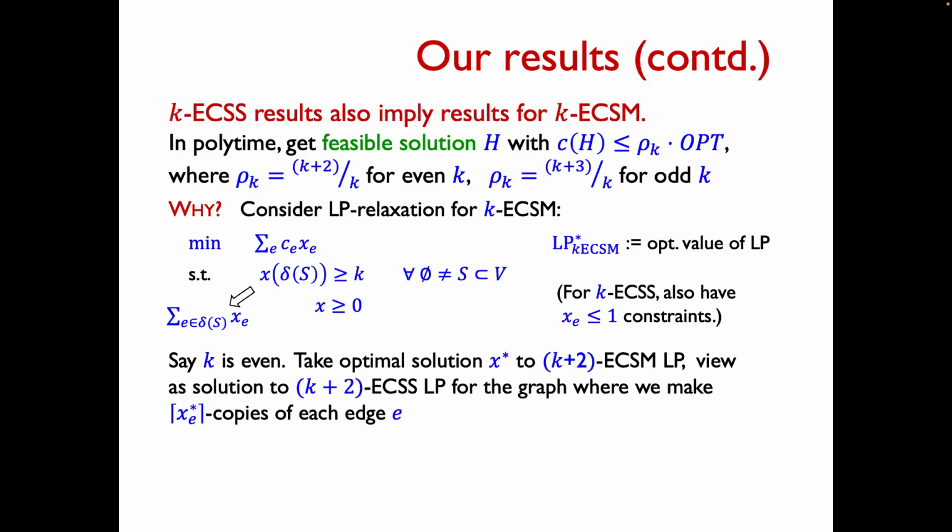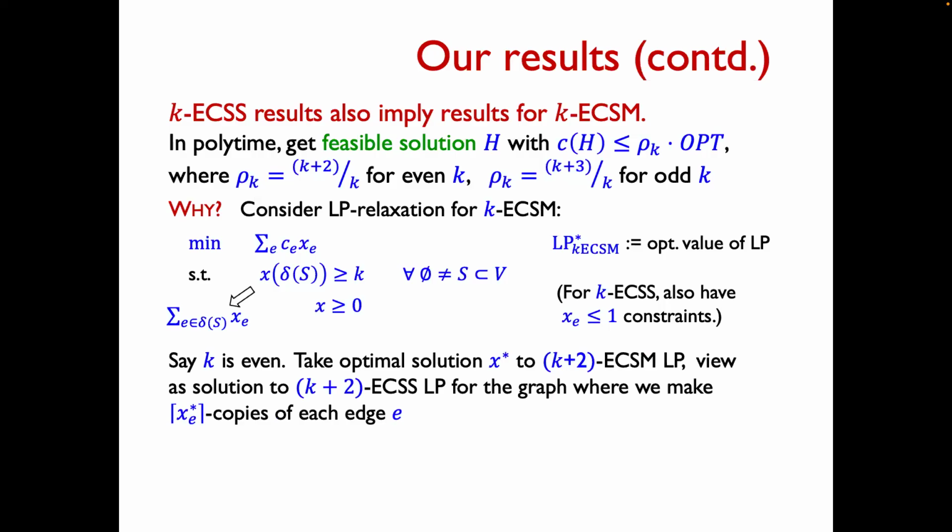I can take the optimal solution where instead of k I have k plus 2 in the constraints, and view that as a solution to the spanning subgraph problem by making, in the input graph, enough parallel copies of an edge.